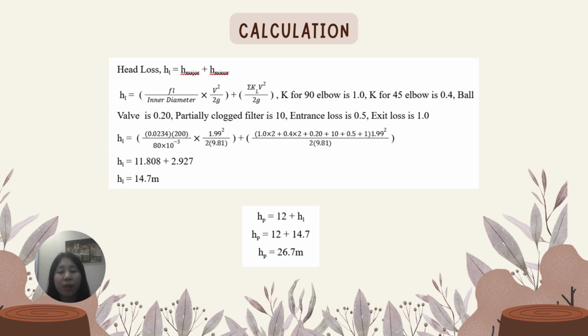The K for a 90-degree elbow is 1, for a 45-degree elbow is 0.4, for a ball valve is 0.2, for a partially clogged filter is 10, entrance loss is 0.5, and exit loss is 1. Then we assume that the velocity is constant. We get the head loss is 14.7 meter and the pump head is 26.7 meter.